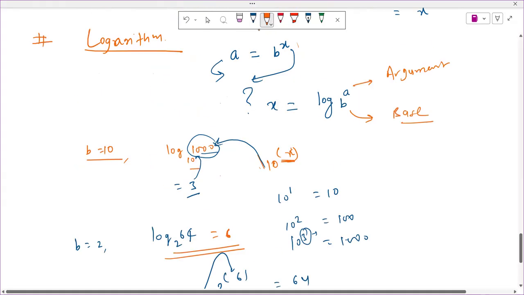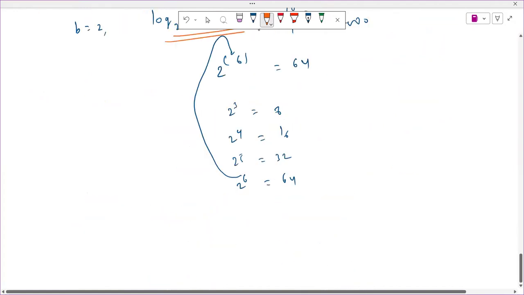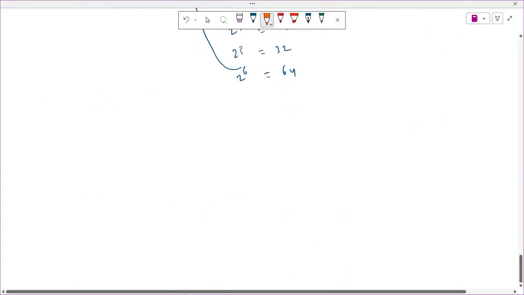Now this is the definition of logarithm. Like in exponential or power representation, we have different ways of writing mathematical operations. Similarly, we can have the same thing. Should I discuss that or not?